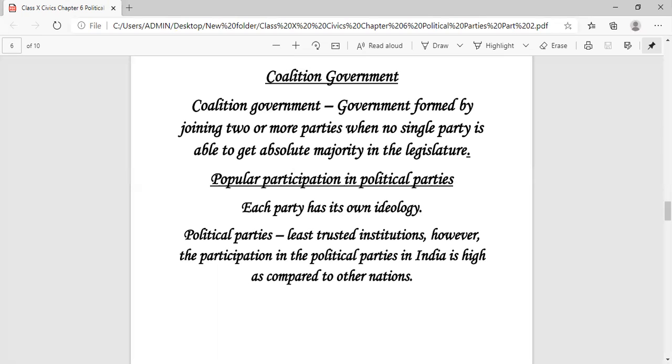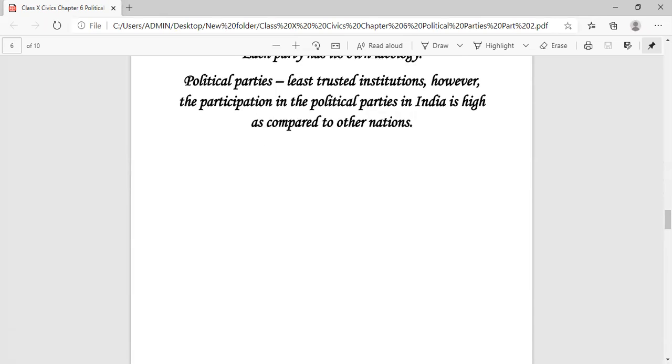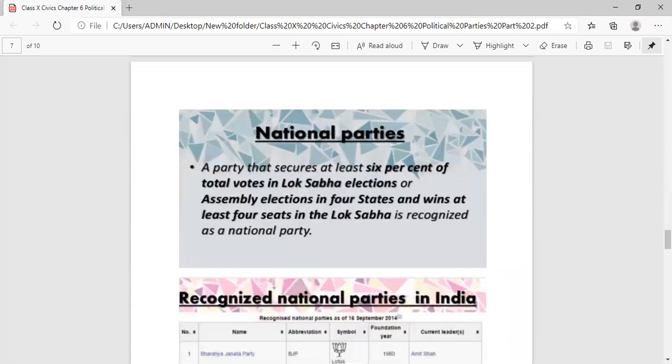The proportion of people who are members of political parties increased over time. People do not enjoy much trust in political organizations, and the proportion of people who feel closely tied to a political group has increased over time. That is just one of the findings based on this survey. The next slide is explaining about national parties.